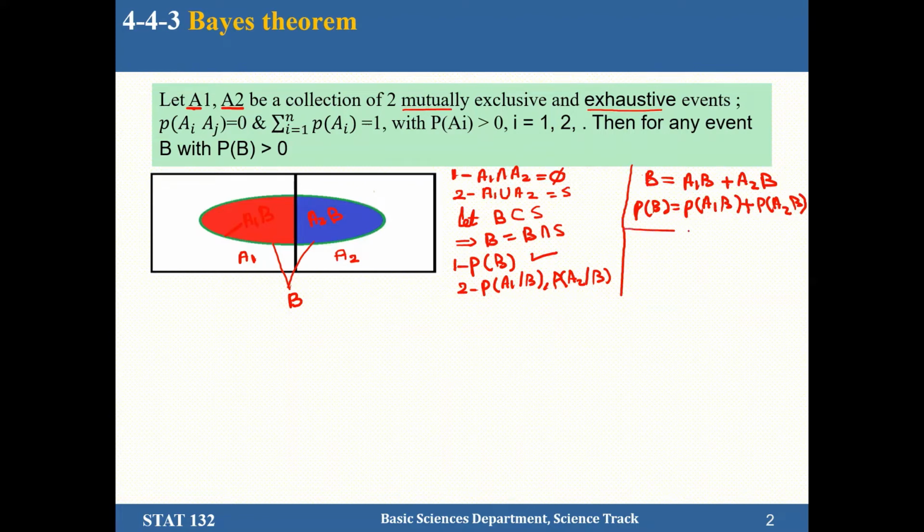For 2, P of A1 given B is equal, by the conditional rule, to P of A1B over P of B. P of B is this one: P of A1B plus P of A2B.